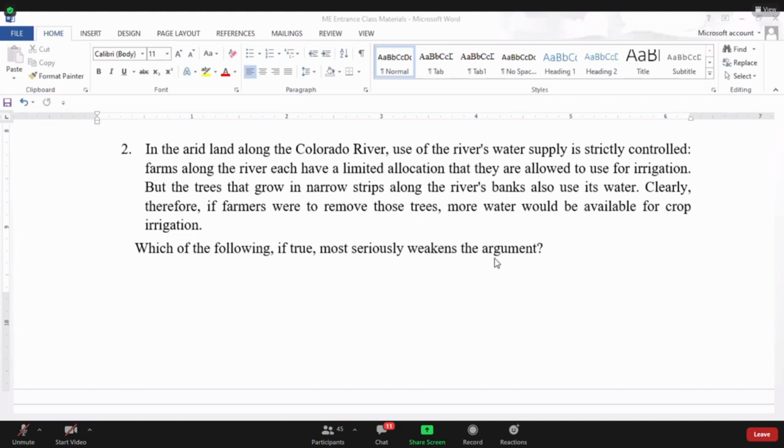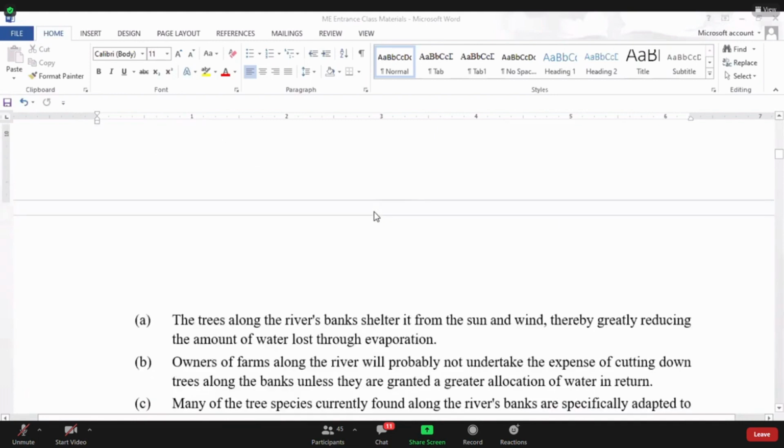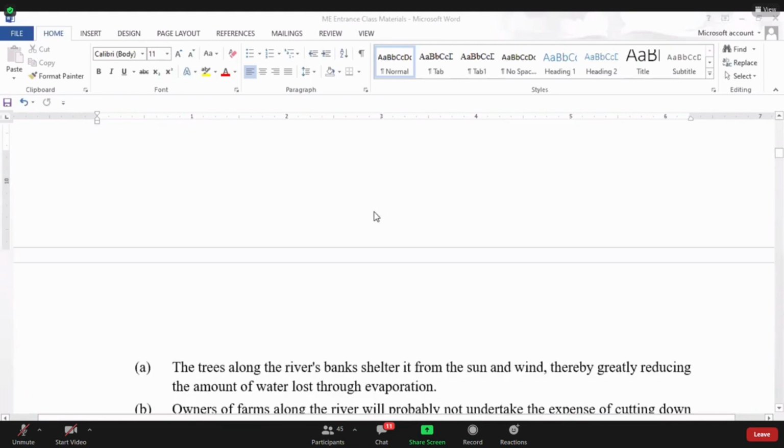What is against it? For crop irrigation, trees should be removed. So which option says that for crop irrigation, trees should be removed? Did I say it the wrong way?